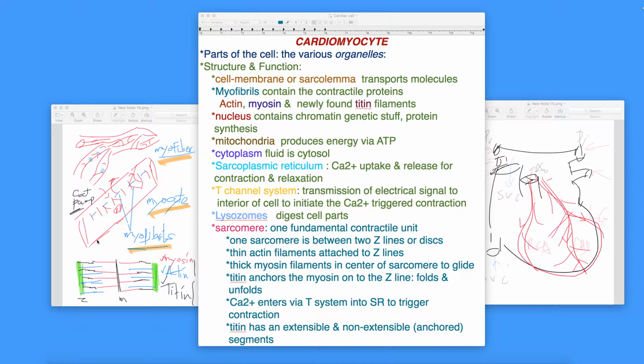So the light microscopy will show more or less cylindrical cells, and they're nucleated. Each myocyte normally has one nucleus. Sometimes they have multiple nuclei. A nucleus obviously contains the entire genetic material, the chromatin. It contains all the genetic information, what determines the contractility, your longevity, and everything else.